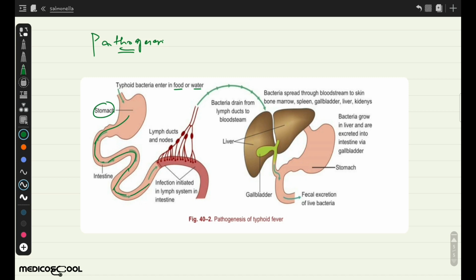In the small intestine, they enter the phagocytes of the Peyer's patches present in the submucosa of the small intestine. What are Peyer's patches? These are lymphoid tissues present in the small intestine, and they help protect our small intestine from different kinds of diseases.